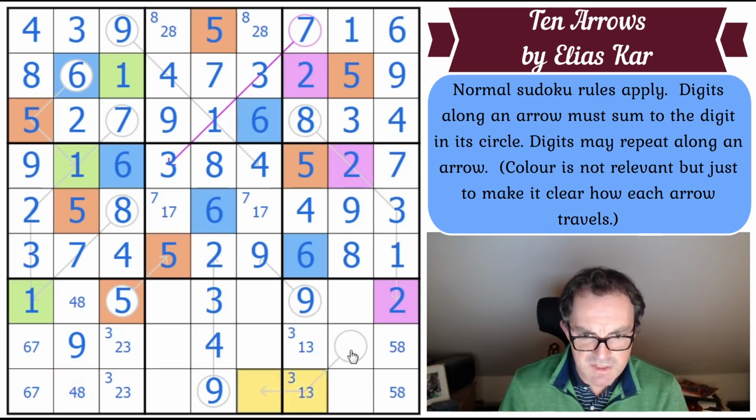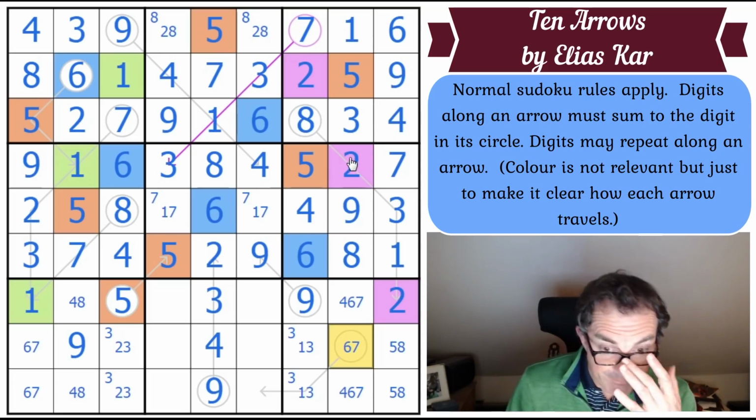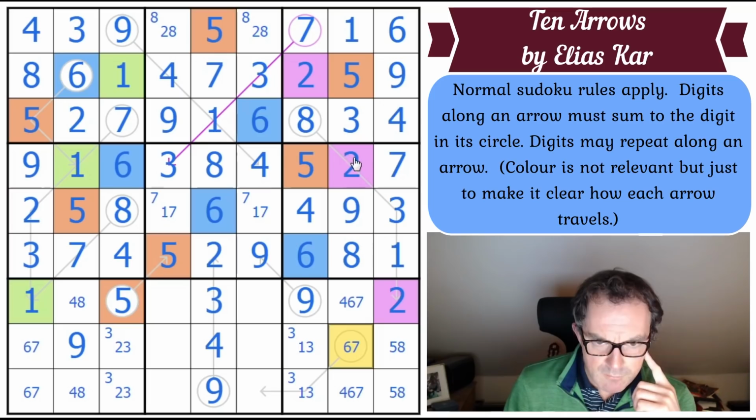It's going to be this arrow, I suspect, that disambiguates the last piece. These squares are 4, 6 and 7. So this is not 4. Okay. So what can this digit be?